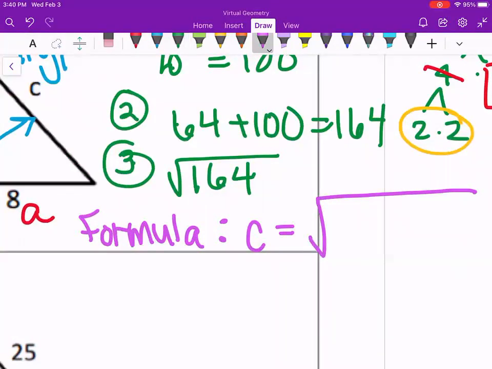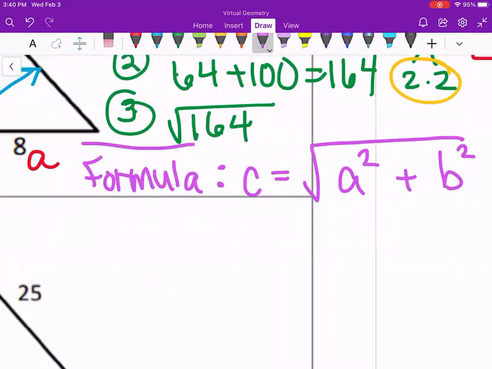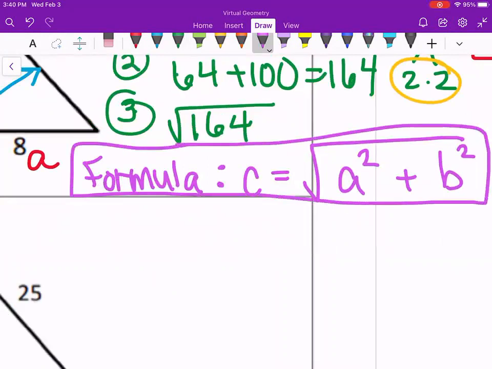And how did I get 64 and 100? I squared the A number and B number. So A squared and B squared, that was my 64 and 100, and then I added them together. So we can use that for our formula anytime I need the hypotenuse.